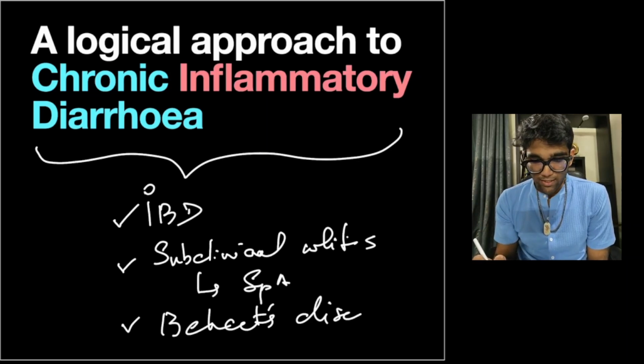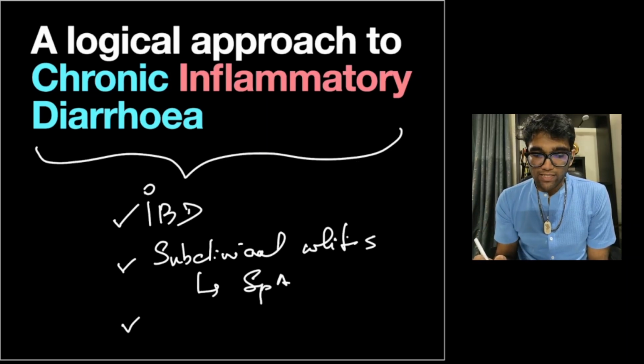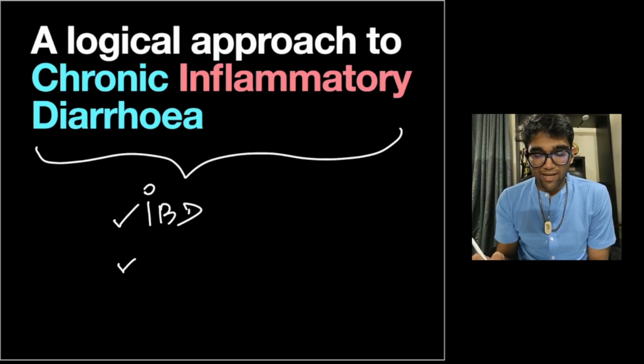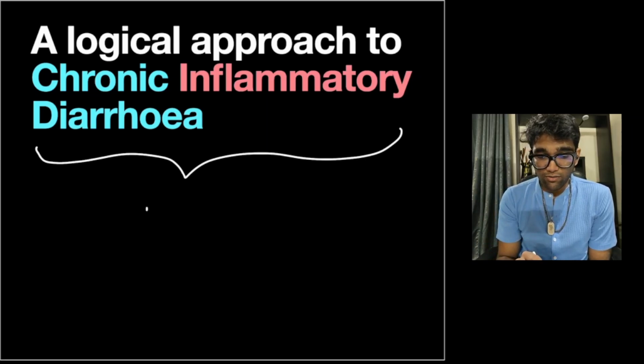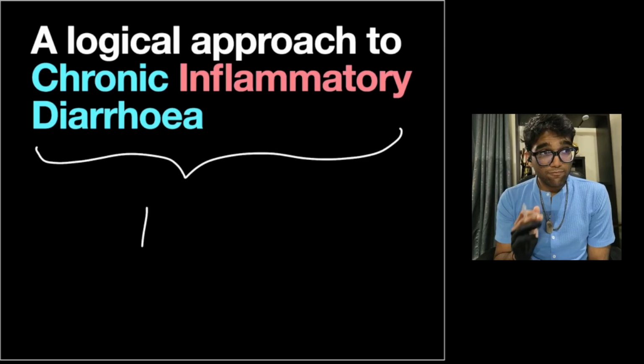Then there are chronic infections that can cause chronic inflammatory diarrhea. Okay, but actually, there's only one that truly does cause this. That is your tuberculosis, which obviously will warrant its own discussion. Now, there are intestinal lymphomas or malignancies that can present like this.